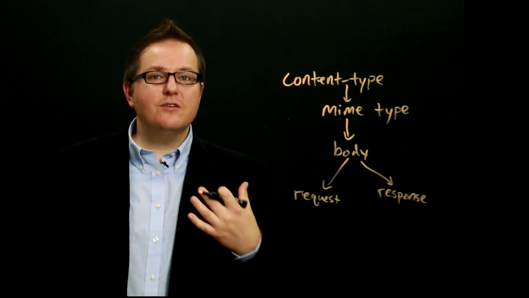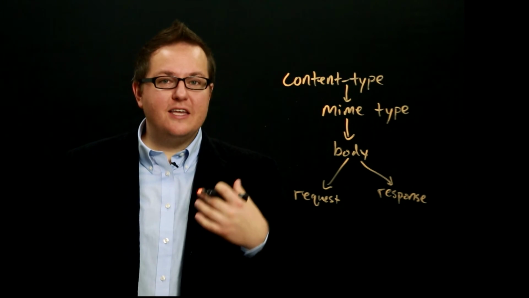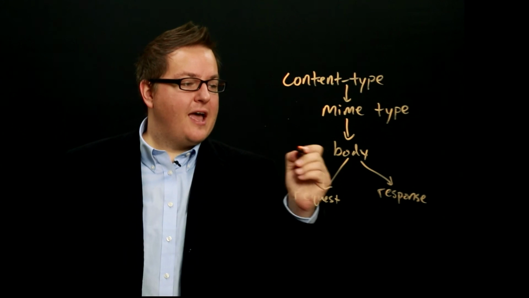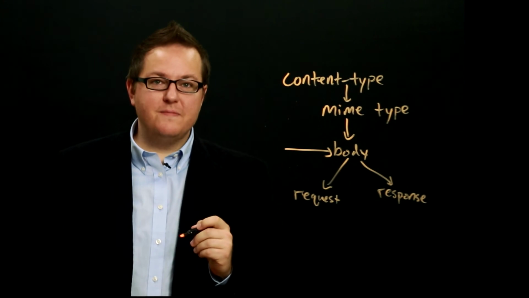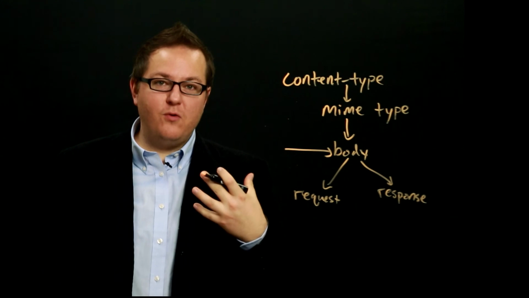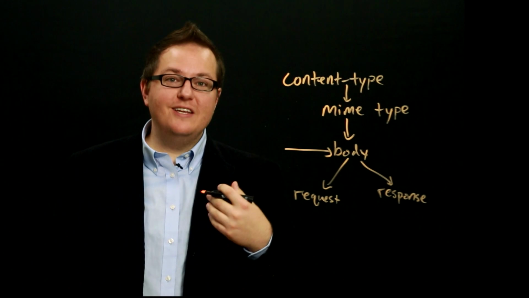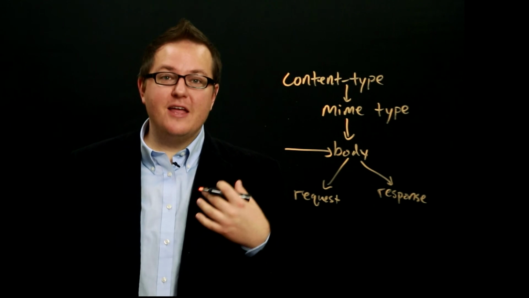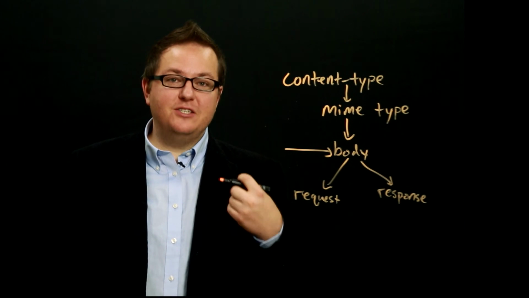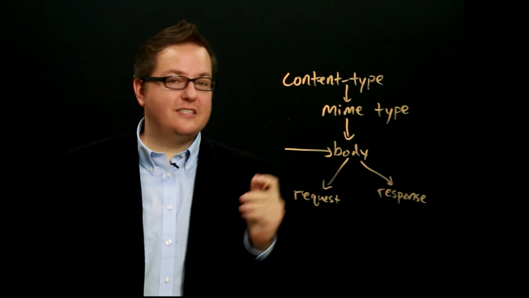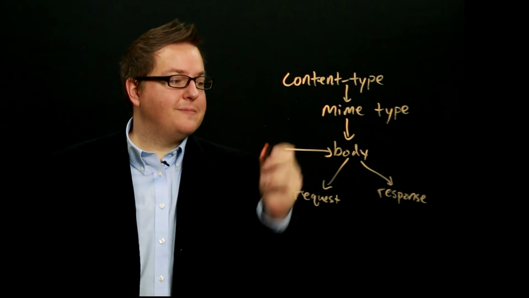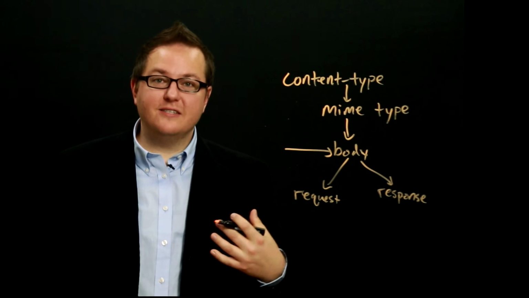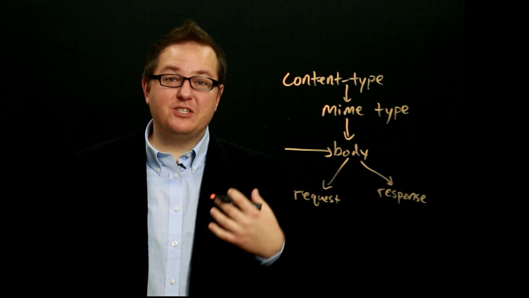And so either end of the conversation can look at the HTTP content type header and then determine how the body should be interpreted. We learned about headers before, and we saw that they were meta information that helped one end of the conversation to process or handle the message in some way. And in this case, this is a perfect example of how they're used. The content type is telling us the format of the body of a request or of a response, and how the server or the client should interpret that data.